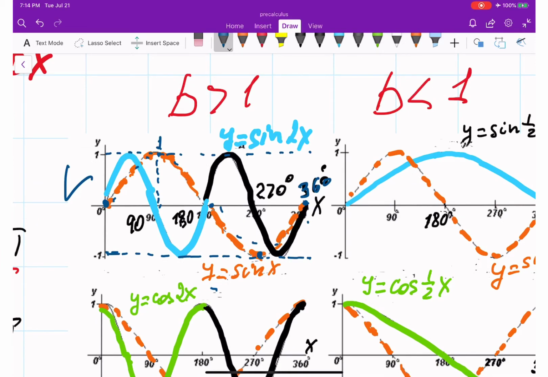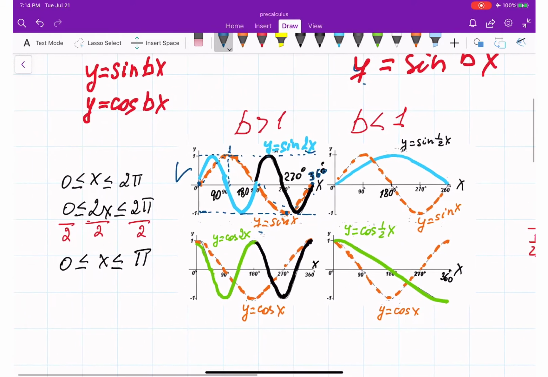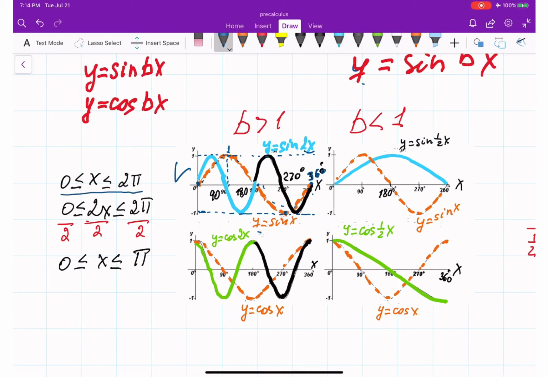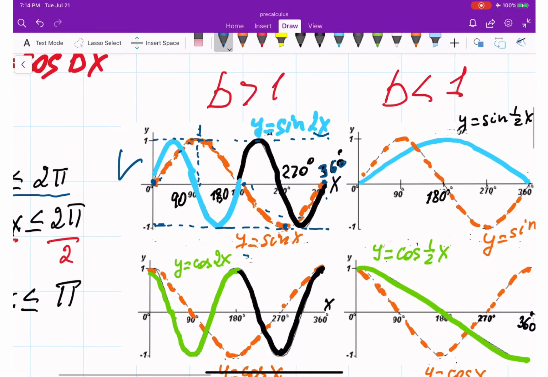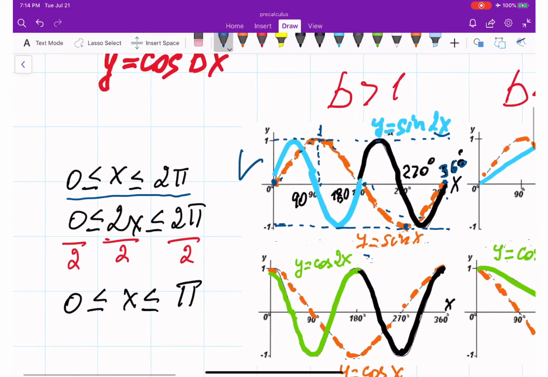So how did I build this? Step 1, first of all, we calculate how much the period will be for sine 2x. As a shortcut, if x itself has period from 0 to 2 pi, then 1x means 1 full period from 0 to 360, and 1 wave fits in there.